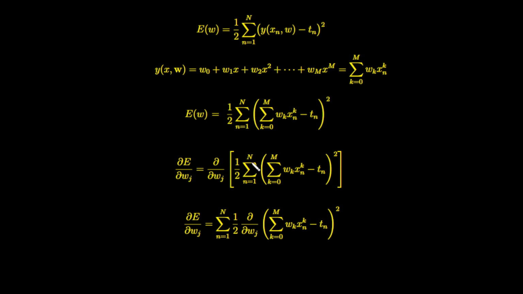So we can take it inside this first summation. Now we can't take it inside the second summation because we're going to have the squared term here. So we take it inside the summation and we get this line here. So we can bring the differentiation inside the summation term.